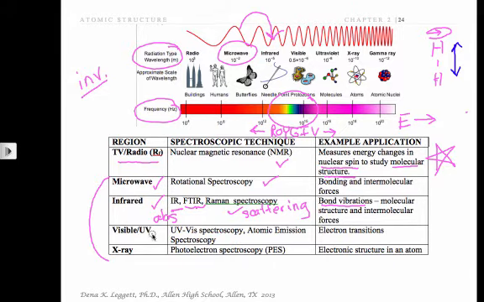Okay. Now the next one is UV-vis. We will actually get to do this. These you simply have to know the ranges. We will perform experiments on this, and this involves electron transitions. So UV-vis spectroscopy and atomic emission spectroscopy, and it's going to be the movement of electrons within an atom or molecule.